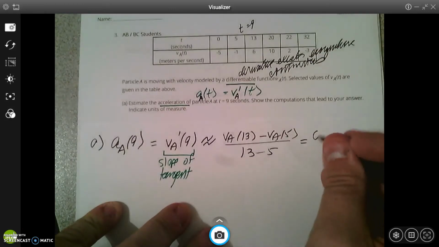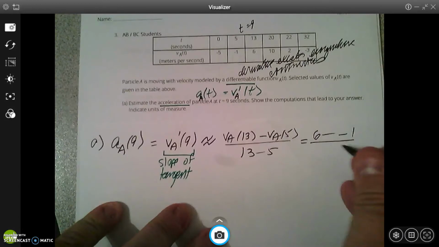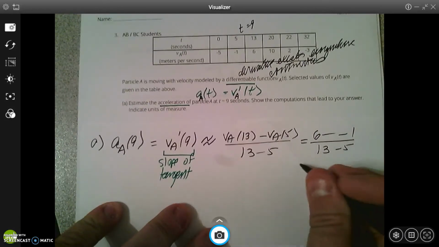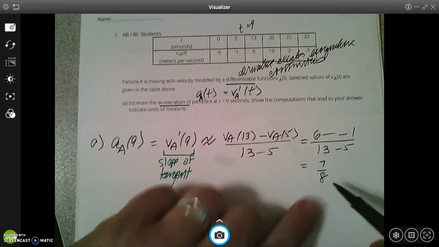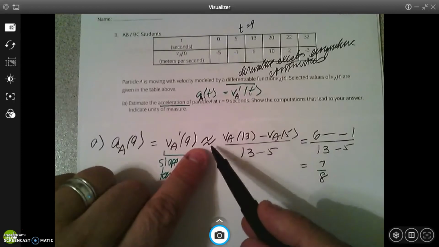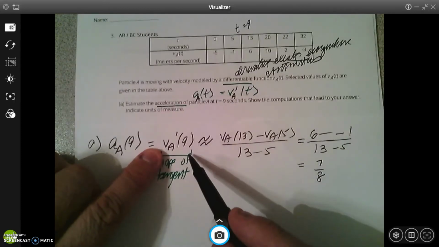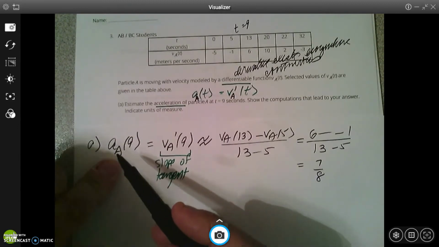V sub a of 13 is 6. V sub a of 5 is negative 1. Over 13 minus 5, we're going to get 7 over 8. 7 over 8 is the slope of the secant line, which means that that is approximately equal to the slope of the tangent line, which is the acceleration that we were looking for in the first place.